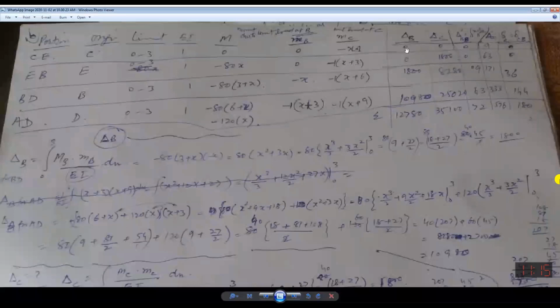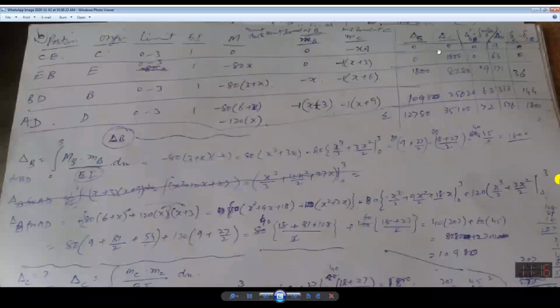Okay? For delta dash BB, what it means is deflection due to redundant force at B, when the redundant force has been applied at point B. Okay? So it will be deflection. I have explained this earlier in the same way.